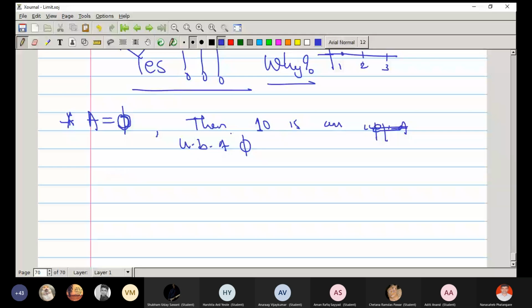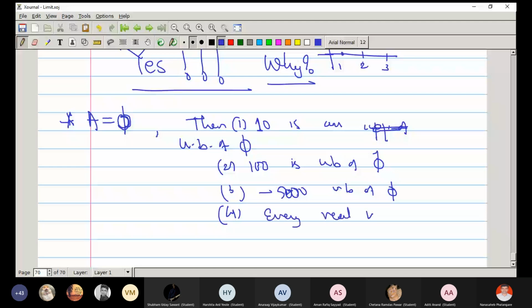It is the negation of the definition of upper bound. 100 is also an upper bound, or minus 5000 is also an upper bound. And then every real number is an upper bound, and therefore what is the least upper bound?